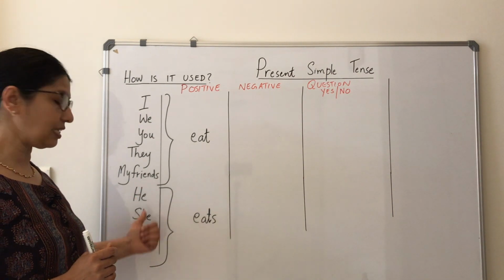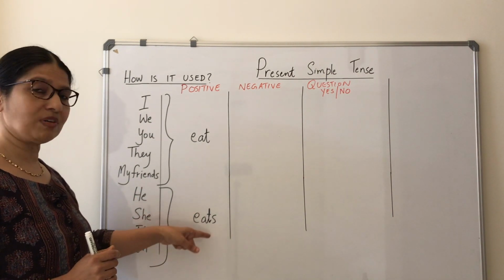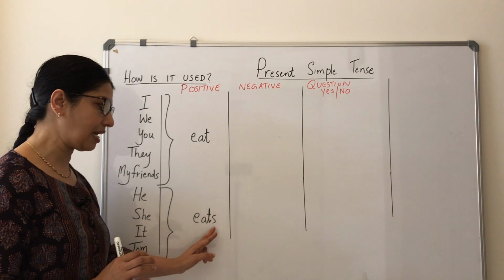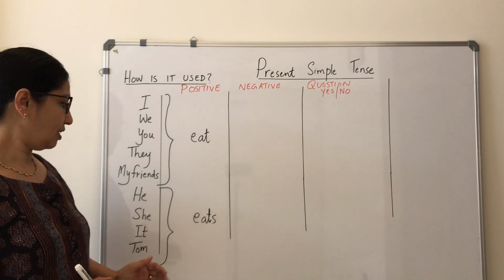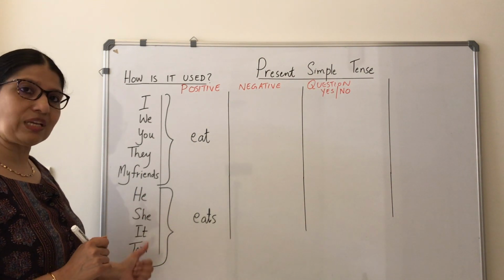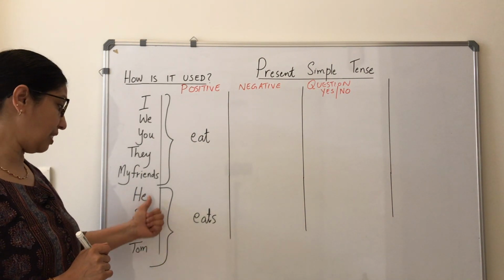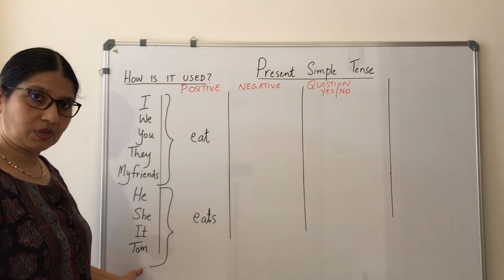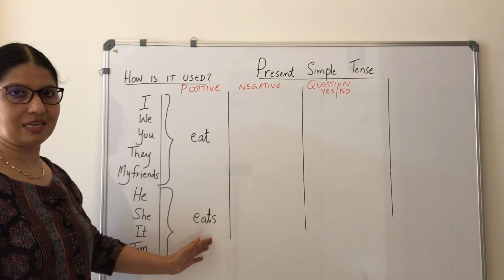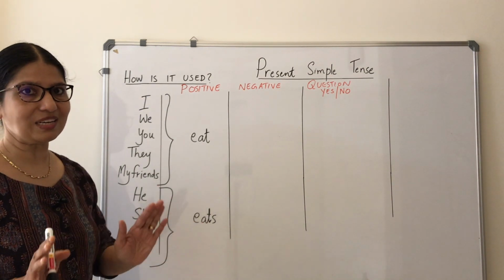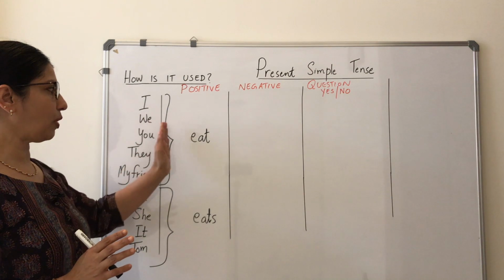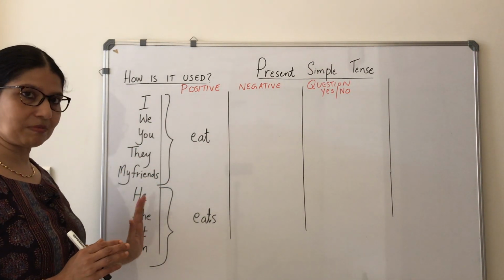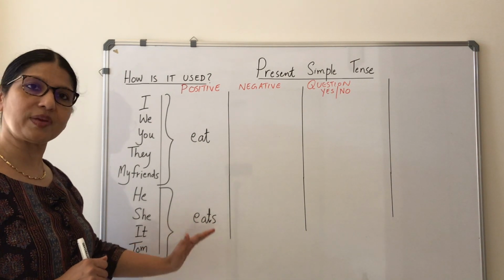You know that these are singular and here the verb has to take an S. So we just add an S here. Whenever we have a singular subject, whether it is he, she, it or a person's name, Tom or Mary, we say eats. I hope it's clear to you now. When it is plural, the verb is without S. When the subject is singular, we have the verb with S.